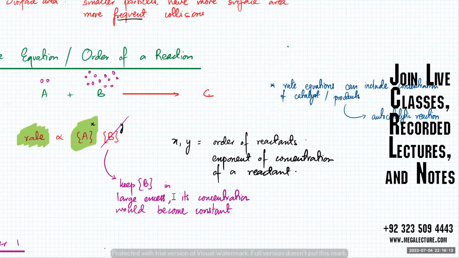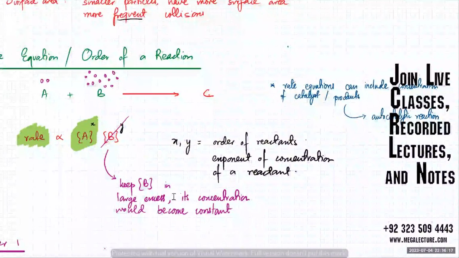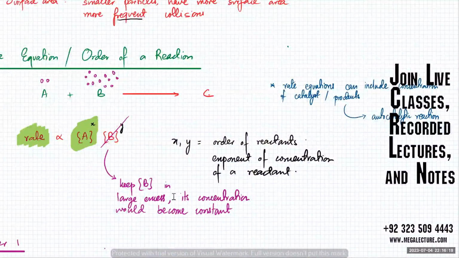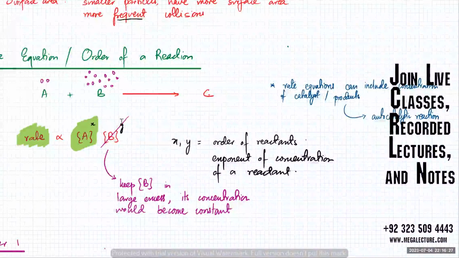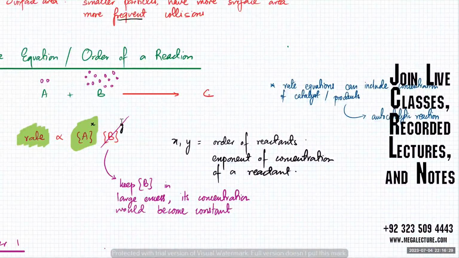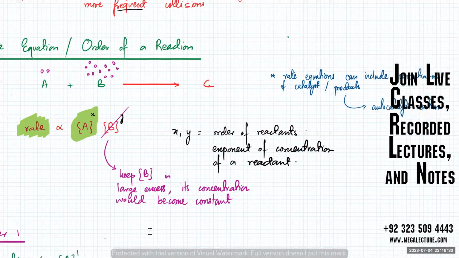When you add something in large excess, then practically speaking, its concentration becomes constant. Because if a small amount gets used up, since you're using it in large excess, the concentration hardly changes. It barely changes. So if you want to keep a reactant constant, just put it in large excess.